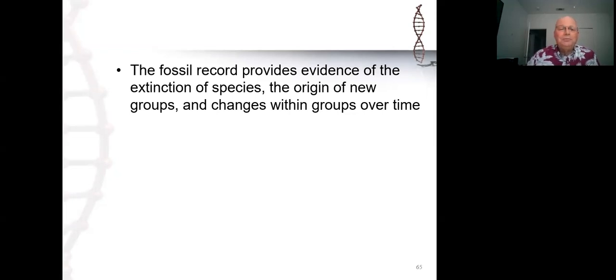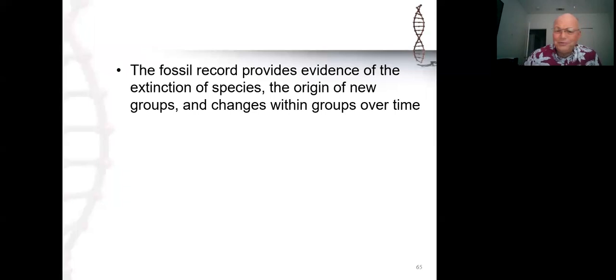Of all the organisms that have lived on the planet, only 1%, probably even less than 1%, are alive today. 99% of all the organisms that have ever lived on our planet are dead. And if we have fossils of them, that's the evidence of their existence.